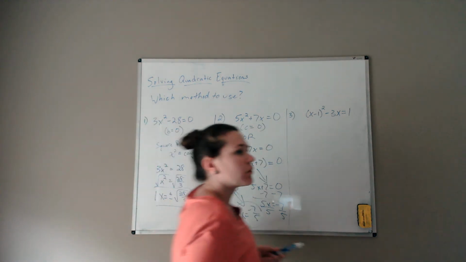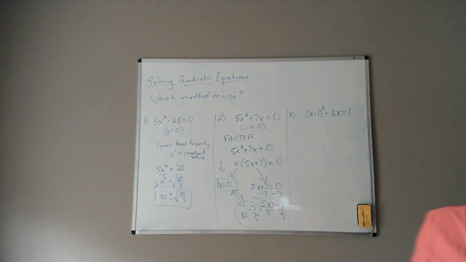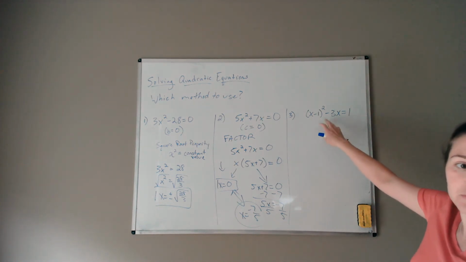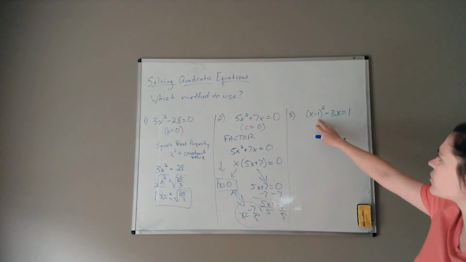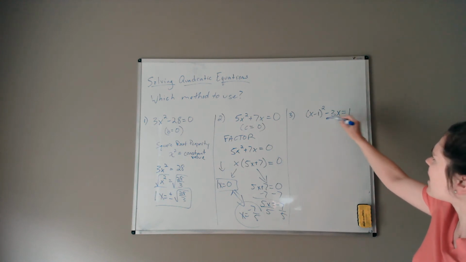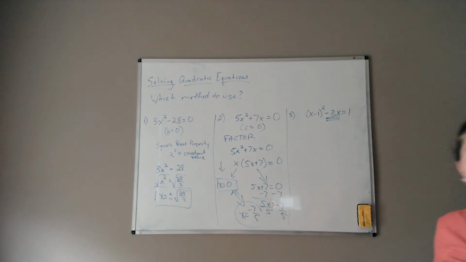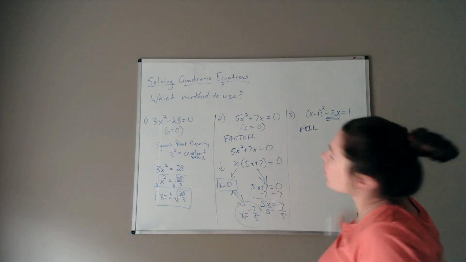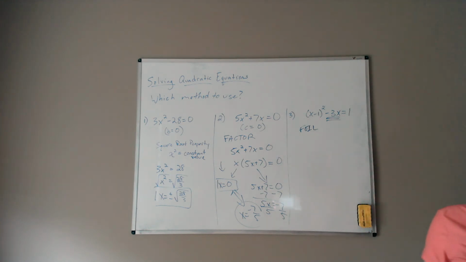And the third one looks like we have the square of a binomial going on, and we might be able to just take the square root. But the problem here is, I have a square of a binomial, but then I also have a non-constant term, a linear term. Well, you need to FOIL this out. You need to see all of your terms, because you can't take the square root.